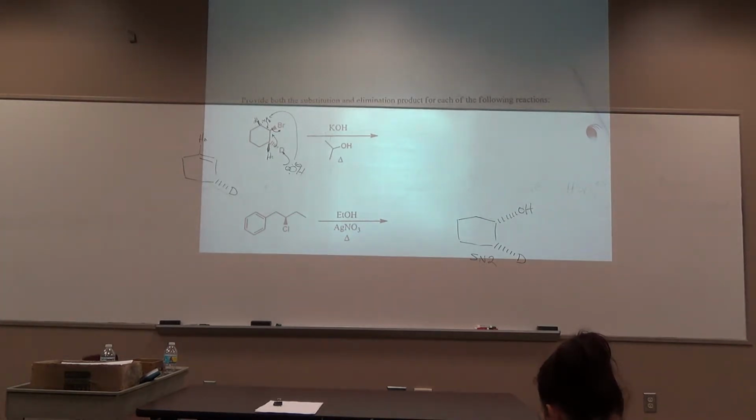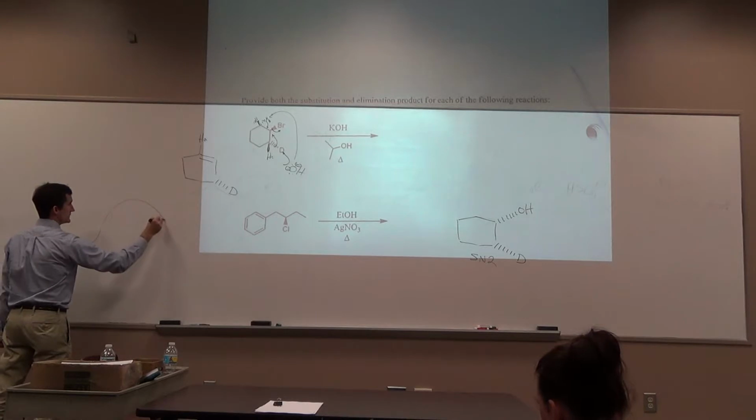There's actually the possibility of the other one, because it has enough heat to take the D off. Well, not as a major product. I mean, one's going to be like this.